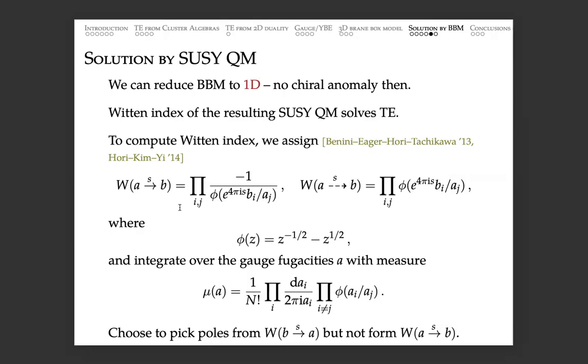And then what you obtain is the following. This is going to give you something like an Ising model. So W represents a Boltzmann weight.